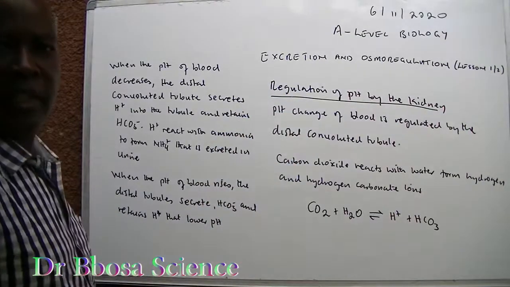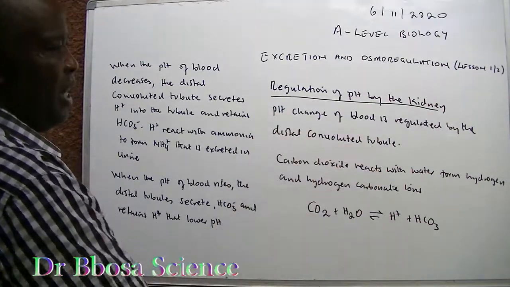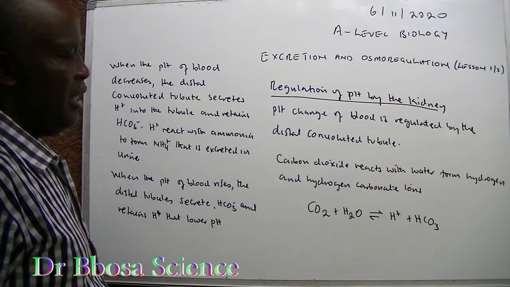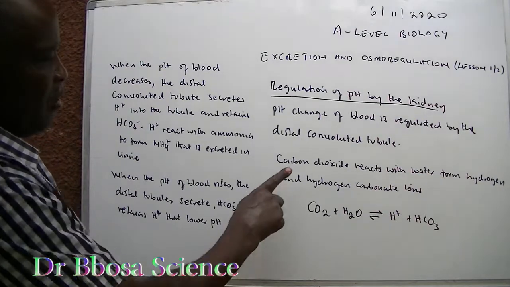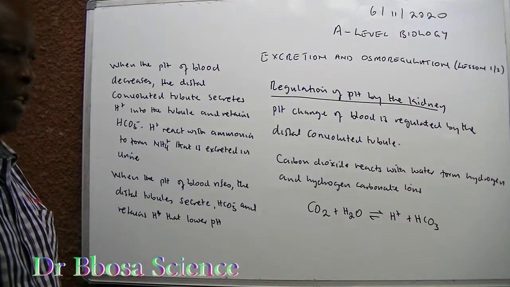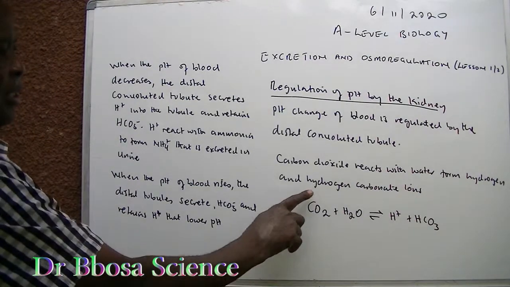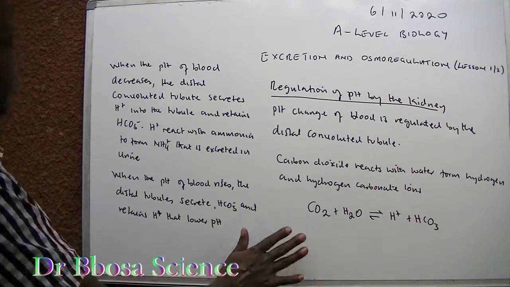Regulation of pH by the kidney. pH change of blood is regulated by the distal convoluted tubule. Carbon dioxide reacts with water to form hydrogen ions and hydrogen carbonate ions.